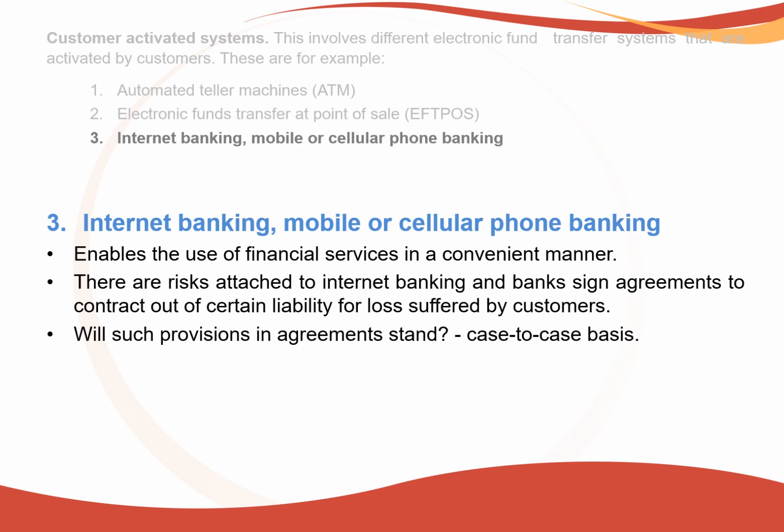Even though this is the most convenient payment method, it does come with some risks. In the agreement that banks sign with their customers, they attempt to contract out of liability for any loss the customer suffers as a result of using electronic banking. However, it will depend on a case-to-case basis whether the provisions of the agreements can withstand constitutional muster.